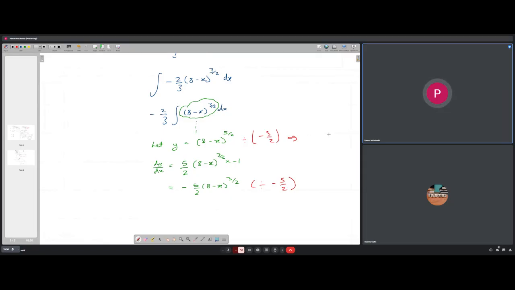So the answer to this integral should be minus 2/5 8 minus x to the power of 5 over 2. The reason why it's minus 2 over 5 is because when you divide by a fraction, you have to flip the fraction, and you're just timesing it by that. Do you have any questions on that?